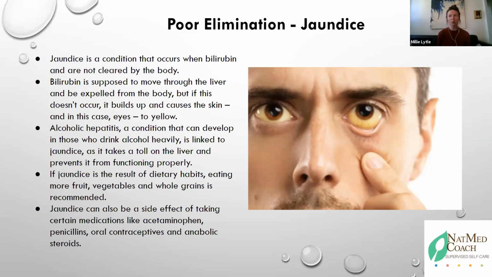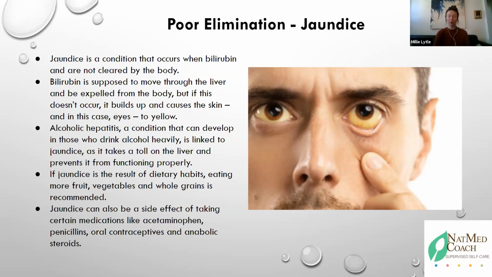This is also a sign that the liver is not functioning. Bilirubin is supposed to move through the liver and be expelled from the body. If this doesn't occur, then it can cause skin issues, eczema, skin yellowing, lipomas, different deposits on the skin, and it can also cause yellowing of the eyes, which is considered jaundice. So of course, when somebody's an alcoholic, we expect this type of condition.